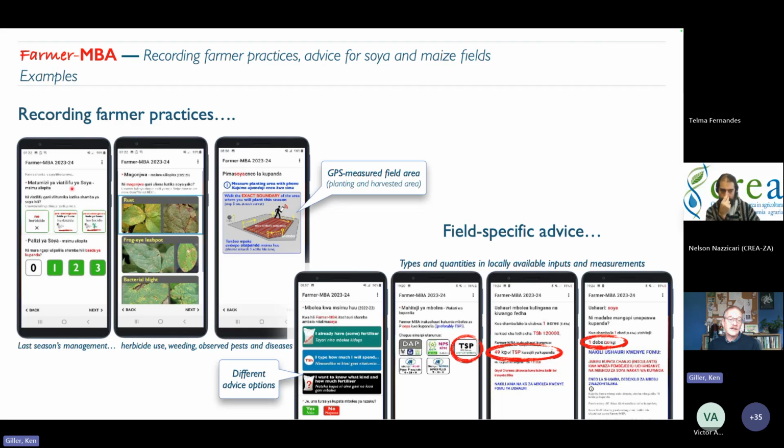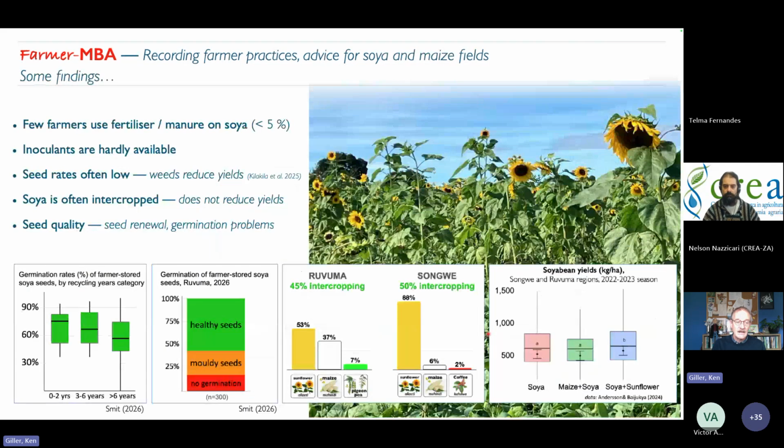And through recording farmers' practices, we can see what farmers are doing and the problems they're facing in terms of pests and diseases, and then generate these different advices, which are field specific for the different farmers. Some of the learnings from that are that farmers are using very little fertilizer and manure on soil directly, and that currently inoculants are still hardly available.